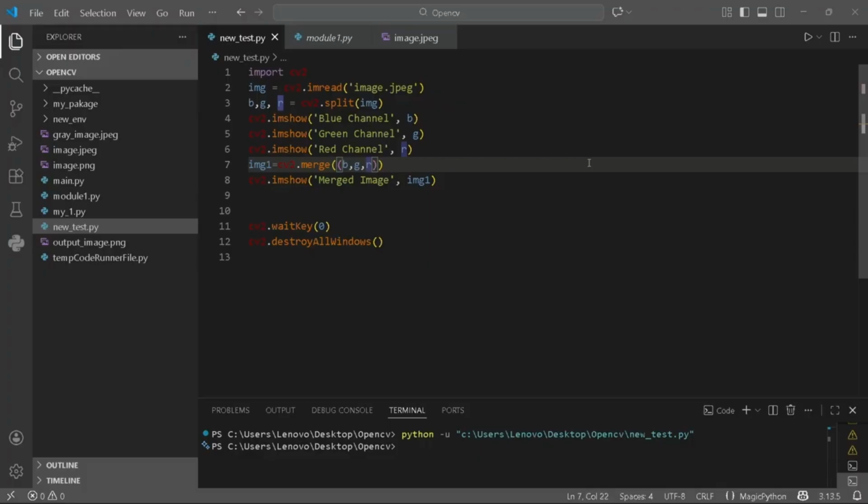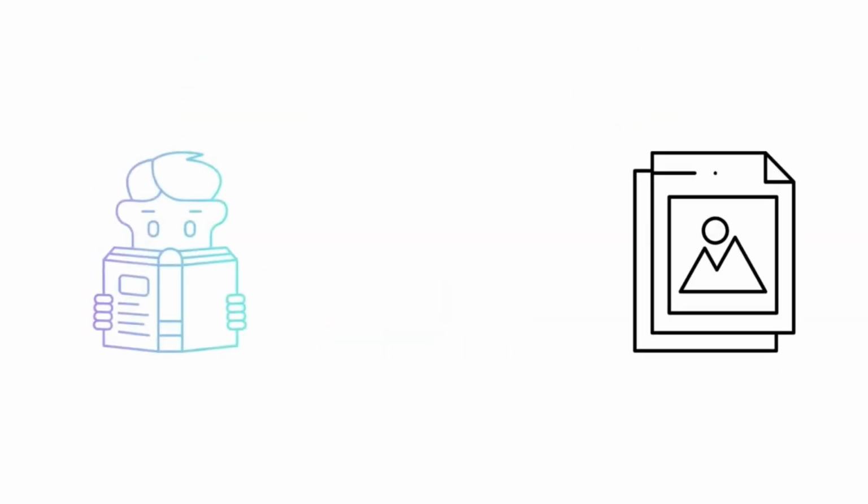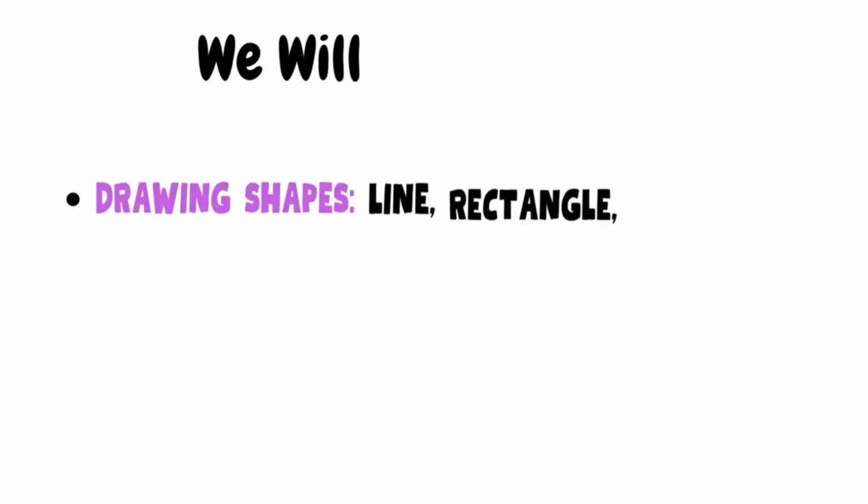Now you can read, resize, crop, and manipulate images using OpenCV and Python. These are the core fundamentals of image processing. In our OpenCV Python image processing series, we learned how to read images, resize them, crop them, and apply transformations. But today, we are moving into something more creative and powerful.